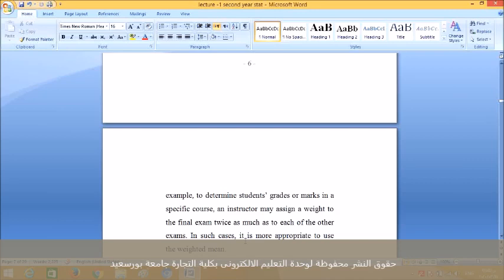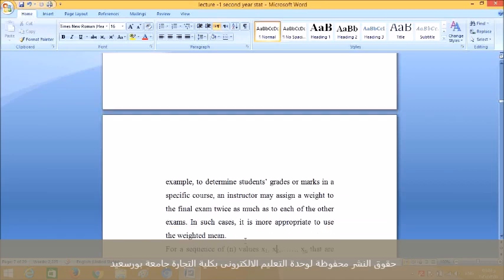If you have a data set with different weights, you have to use weighted mean instead of mean. If you computed the mean in this case, it's a wrong measure for central tendency. The right measure in this case is the weighted mean, not the mean.